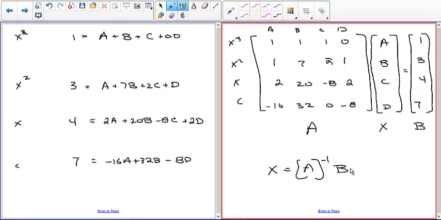If it wasn't already 4 by 4, I'd go 4, enter, 4, enter, and then you just enter the coefficients from the matrix that we came up with, which was 1, 1, 1, 0, 1, 7, 2, 1, 2, 20, negative 8, 2, and negative 16, 32, 0, negative 8.